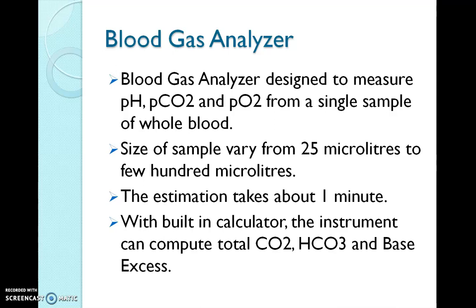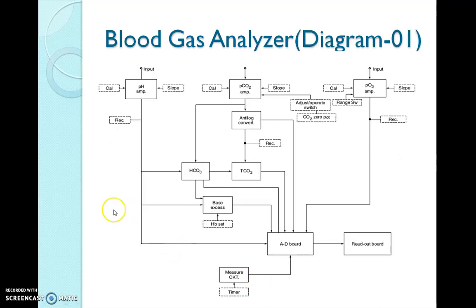Separate sensors are used in the blood gas analyzer. The instrument contains 3 separate high input impedance amplifiers, as shown in this diagram of the complete blood gas analyzer. These are designed to operate in the specific range of each measuring electrode. An individual amplifier is used for pH, PCO2 and PO2 measurement.